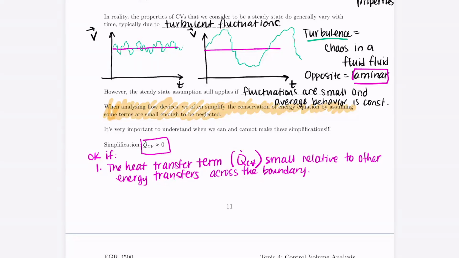I've already kind of left this vague though, right? What does small mean? Anybody have any ideas? What would constitute small relative to other terms?